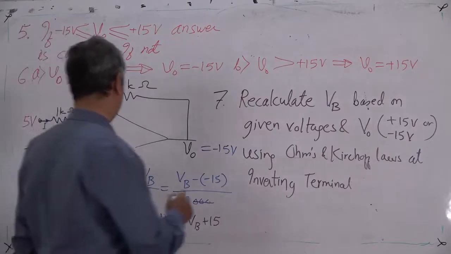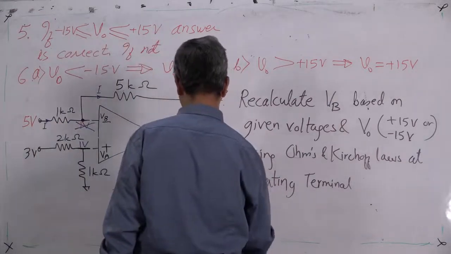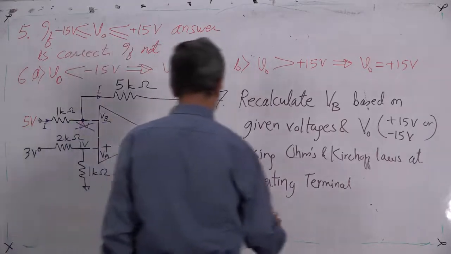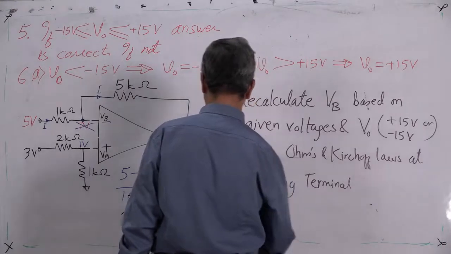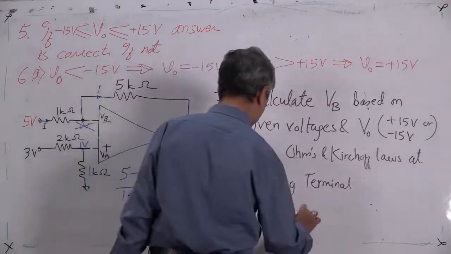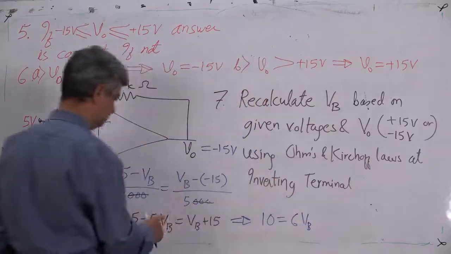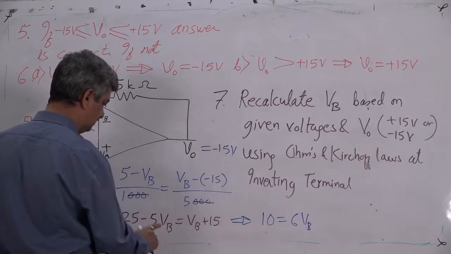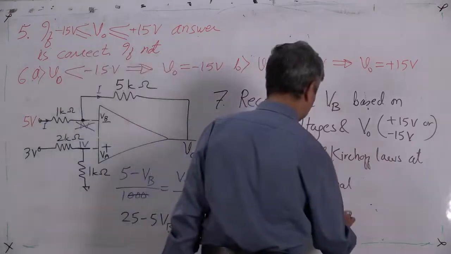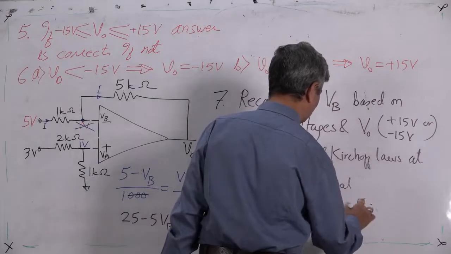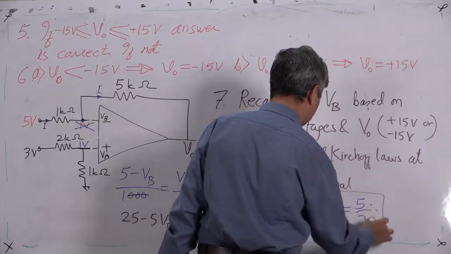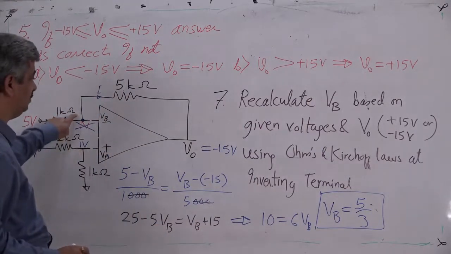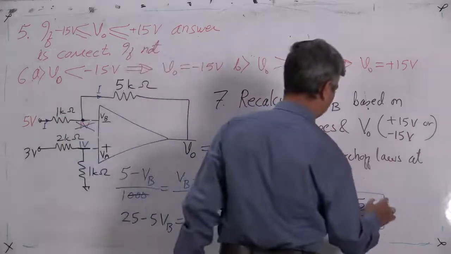Which leads to very simple: this 5VB comes on this side, 6VB, this 15 comes on this side. Just give attention, this 5VB goes on this side, 15 comes on this side. So, 25 minus 15, that is 10, is equal to 6VB. So, VB is equal to 10 by 6 or 5 by 3. So, non-inverting 1 volt, inverting 5 by 3 volts, output is minus 15 volts.